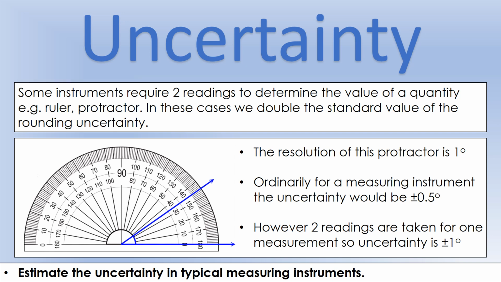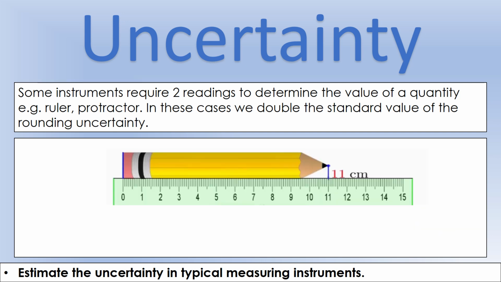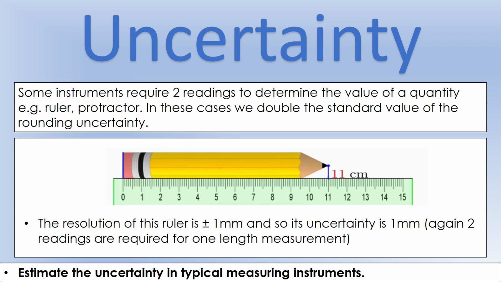We get the same effect with a ruler as well, because again, it takes 2 readings to measure a length. You need the start and the end. So again, the resolution of this ruler is 1 millimeter. That's the smallest division. So the uncertainty would be 1 millimeter as well. It's twice 0.5 millimeters.